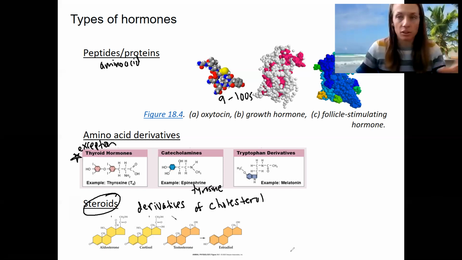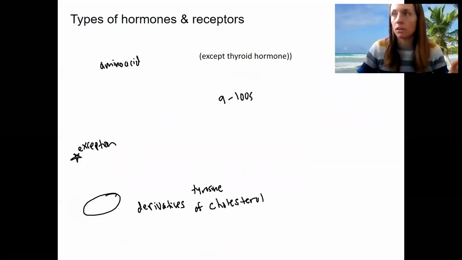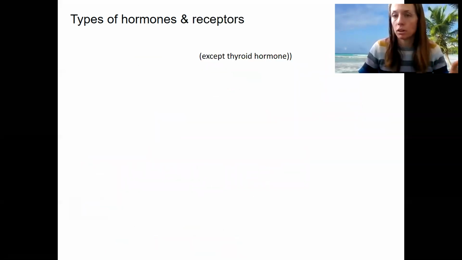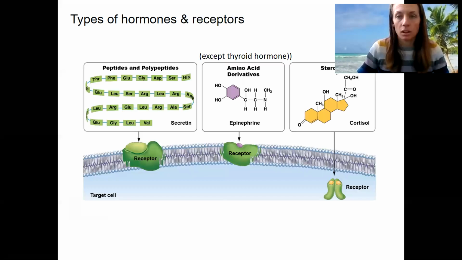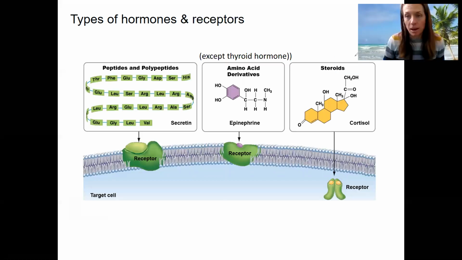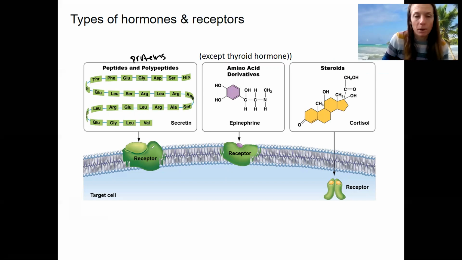First, I want to bring together the last two slides in one picture. This is kind of a summary of the three. Here we go. Very simplified schematic of where they bind. Polypeptides and peptides, and that would be proteins, right, if they're long enough and fold up, bind to cell membrane receptors.